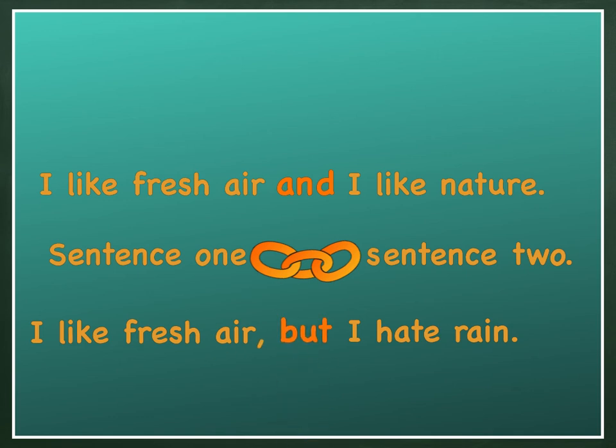Now we have two parts of a sentence joined by a conjunction, and these two parts of the sentence are now called clauses. We have clause 1 and clause 2 joined by a conjunction.